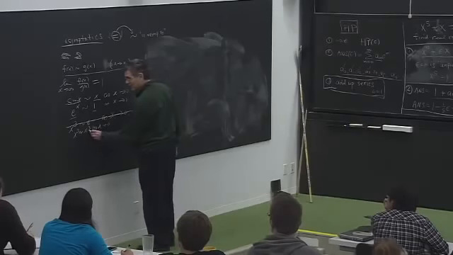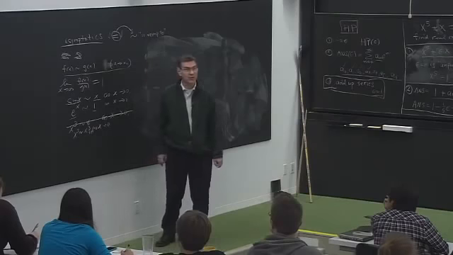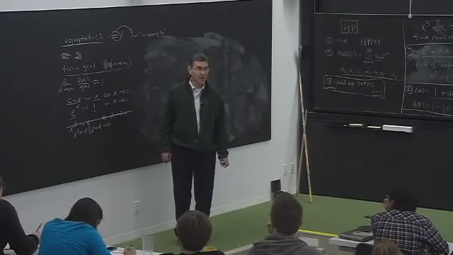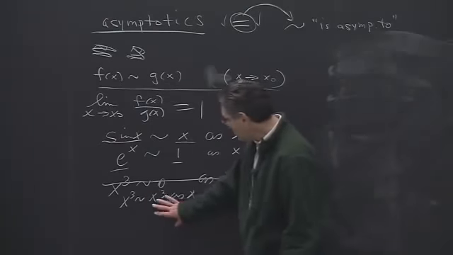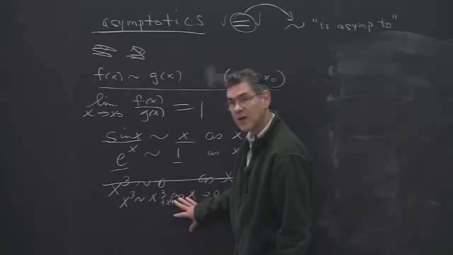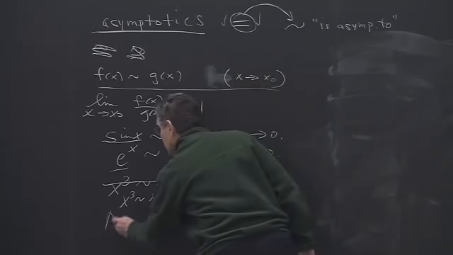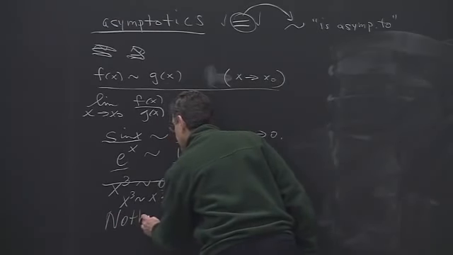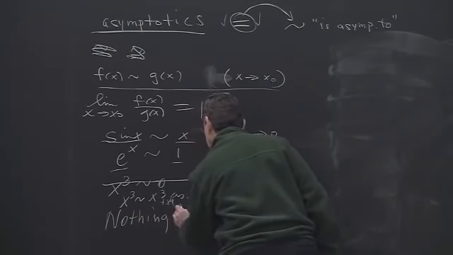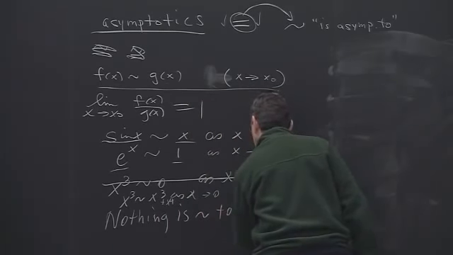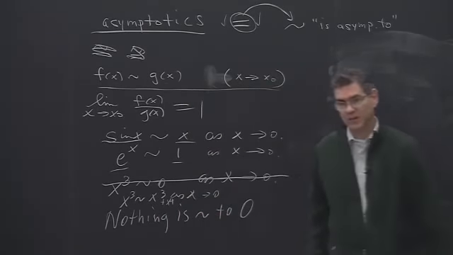I could say x cubed is asymptotic to x cubed plus x to the 4th as x goes to 0. That's true. Okay. But if I'm trying to put a simpler thing on the right-hand side, I don't know a simpler thing. So remember that nothing is asymptotic to 0, ever. Nothing is ever asymptotic to 0.